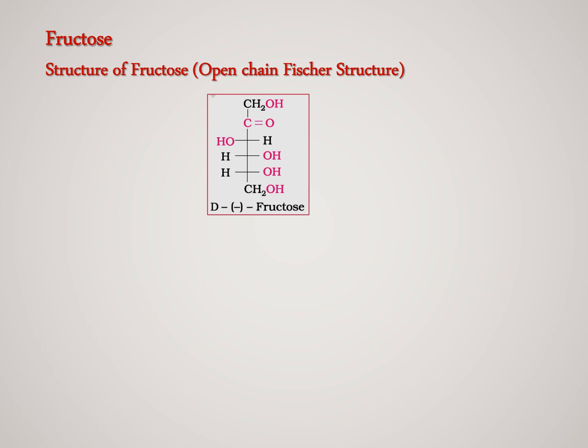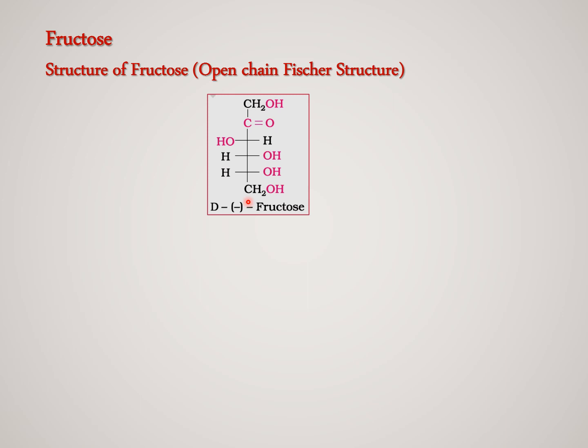The reason is that the second carbon atom here is a ketone, and hence in the open chain structure we have the first carbon atom, which is a primary alcohol, the second the ketonic group, the third, the fourth, the fifth and the sixth carbon atom, very similar to the structure of glucose.